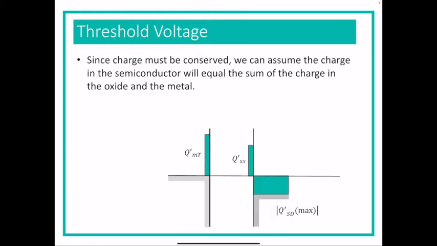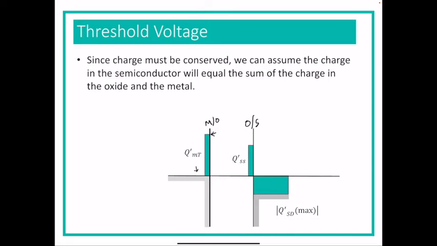So when we look at how charge is distributed, the green rectangles basically are showing you how much charge there is in a very idealized fashion at these interface junctions. So this would be the metal to the oxide, and this would be the oxide to the semiconductor. So there is a lot of charge here, but then there isn't any out here.